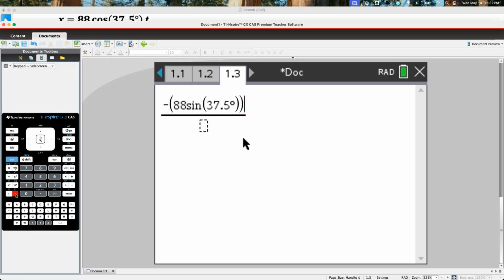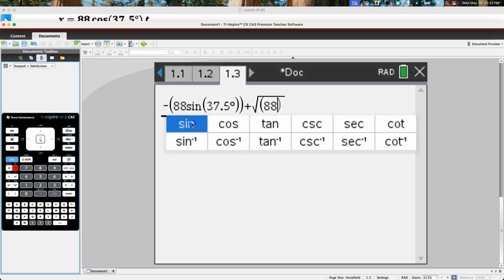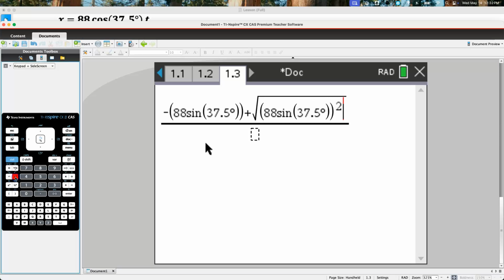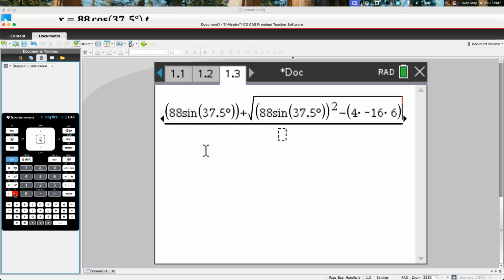We can only do one at a time, so we're going to go plus big square root, open parentheses, 88 sine 37.5 degrees, close, squared, b squared, minus, open parentheses, 4 times negative 16 times 6, close parentheses, all over 2 times negative 16.